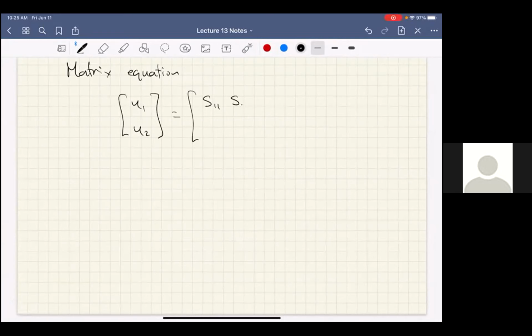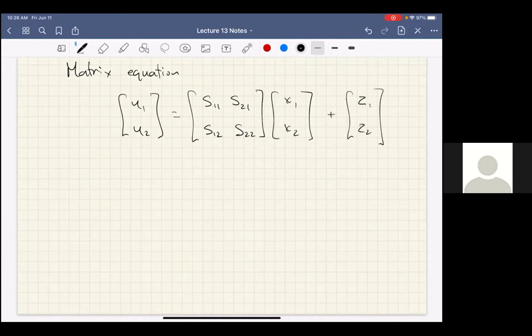This should be S21, S12, S22 times X1, X2 plus my noise. So again, the noise term is data dependent counting noise. There could also be other sources of noise.